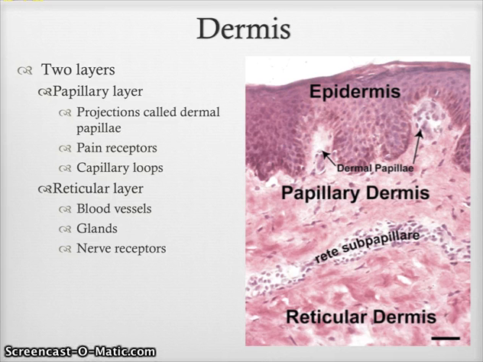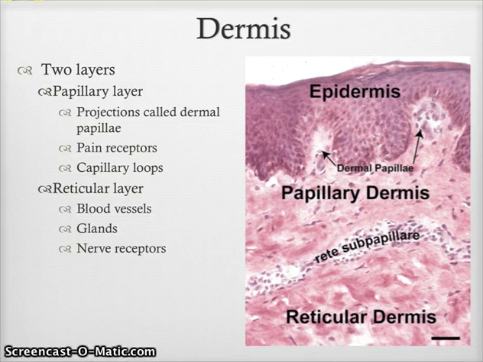Okay, now the dermis. The dermis is 2 basic layers, the papillary and the reticular. Within the dermis is where we see all of our receptors, all of the sensitivity that we associate with the skin and with feeling and being aware of our surroundings. All of that is found within the dermis. None is in the epidermis.